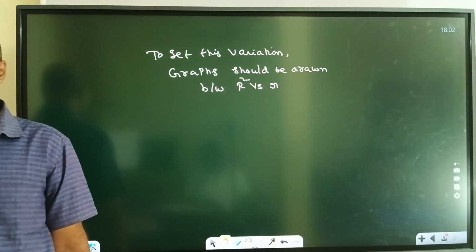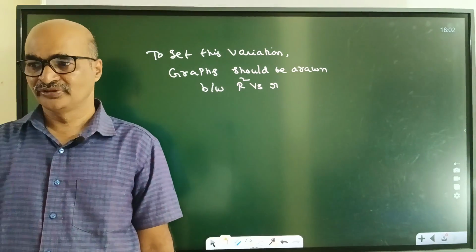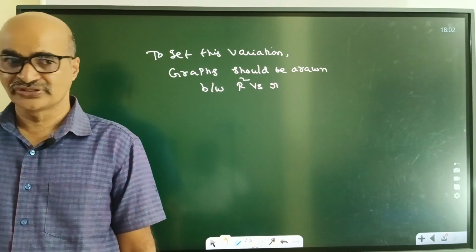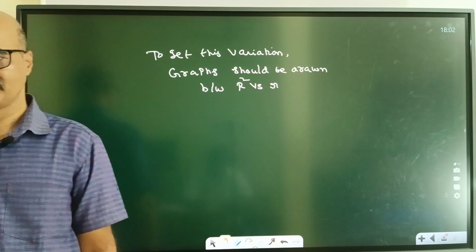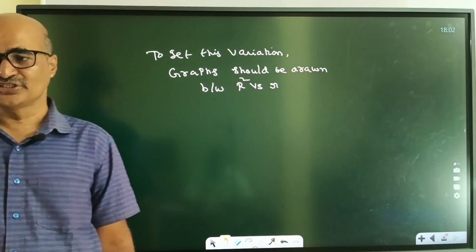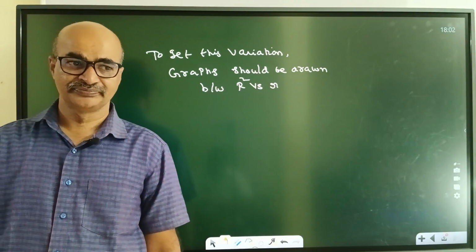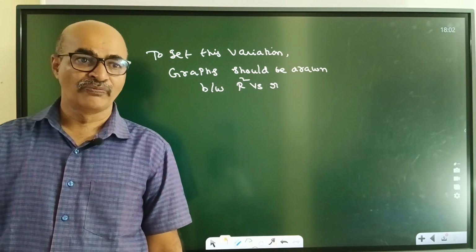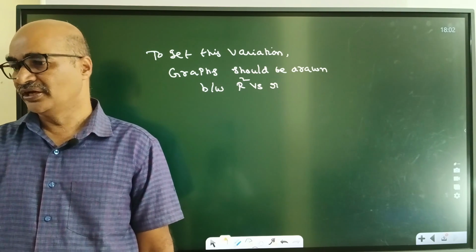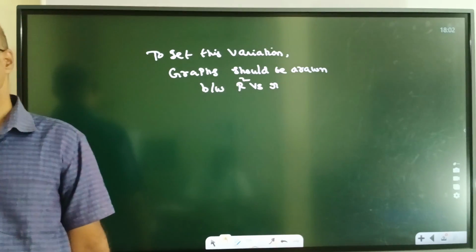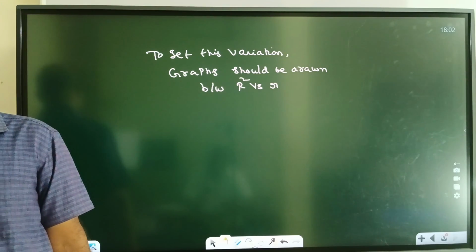I repeat, these plots give useful information about probability density at a point as a function of radius.